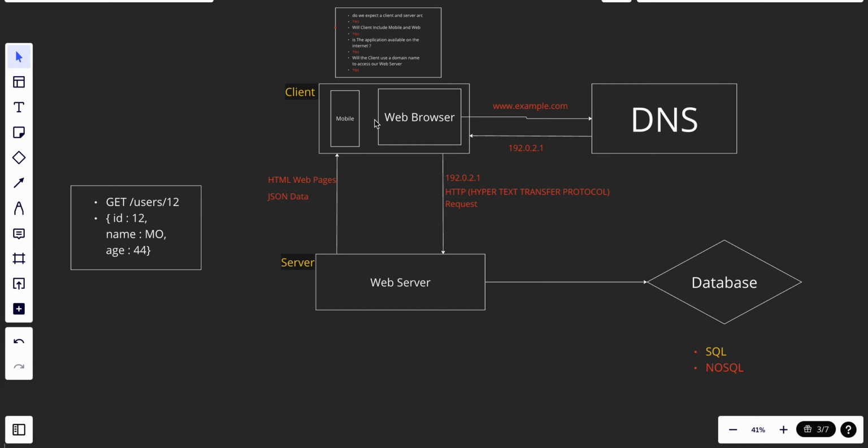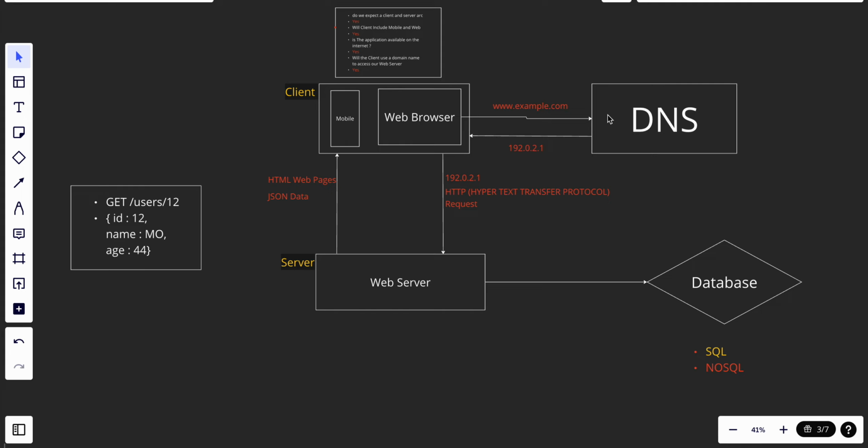Right now, what we have created is a single server setup that uses a database. The client accesses the web server by its IP address, and the client gets the IP address from a DNS service.